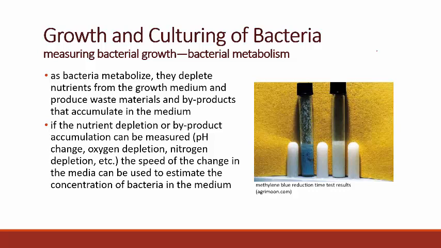As you know, when bacteria are busy metabolizing, they're going to deplete nutrients from the growth medium, and they're going to produce waste materials and byproducts that accumulate in the medium. So if we have a way of measuring either the depletion of a known nutrient or the accumulation of a known waste material, frequently wastes are acidic, so a pH change will tell you something.